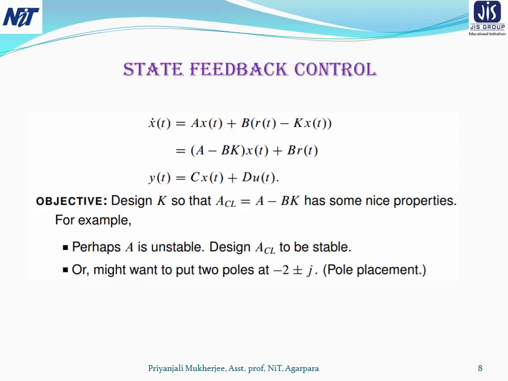Now the design of K should be such that the closed loop system matrix ACL = A - BK, where A may be unstable, but ACL should be stable, or we can move the poles to any desired pole location, which is known as the pole placement technique. So this is the beauty of state feedback control.